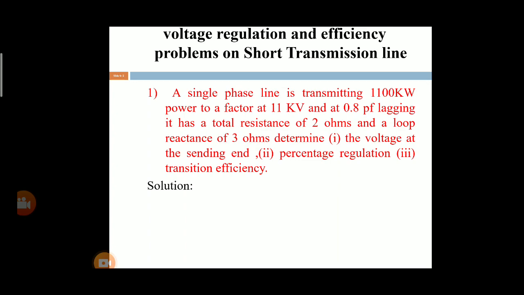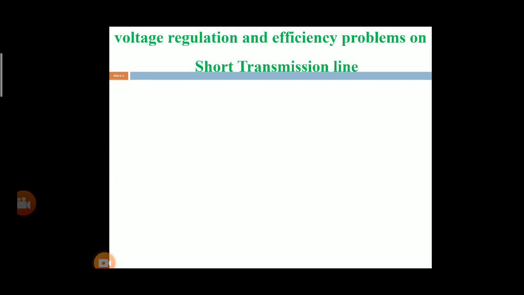Coming to the solution, first we write down the given data. The single phase line is transmitting 1100 kilowatts, that is P equal to 1100 kilowatts. At 11 kilovolts means VR equals 11 kilovolts.